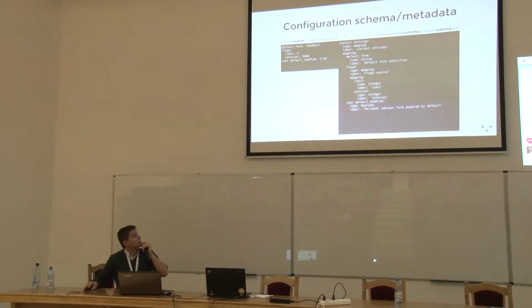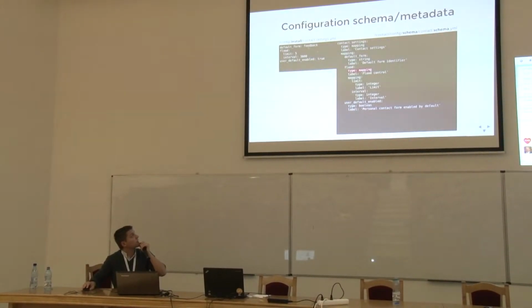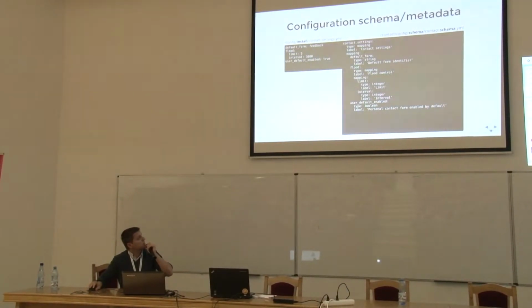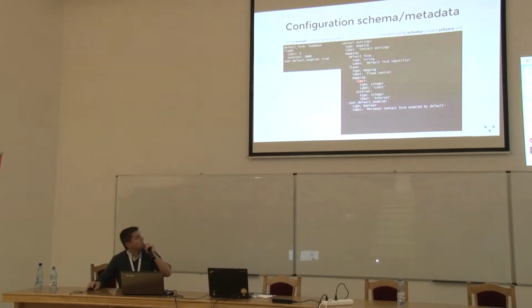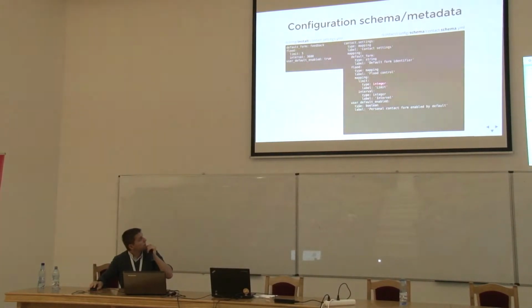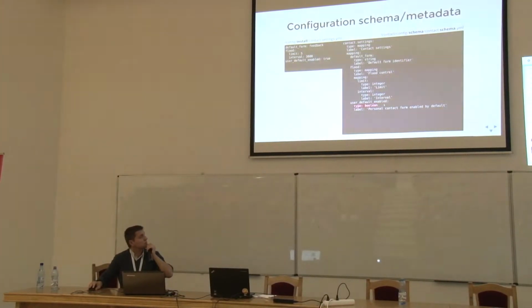And we have again the flood. Under the flood, the flood is a type of mapping, right? Because under the flood we have two other values. Under the flood we have a mapping, which again defines limit and interval, and each type is integer. And we have the user default enabled, which type is boolean.